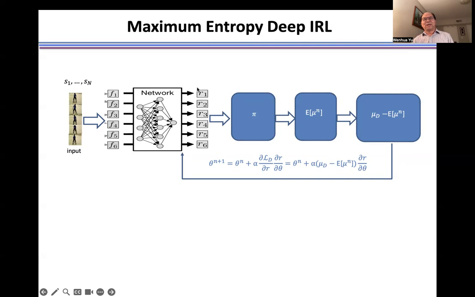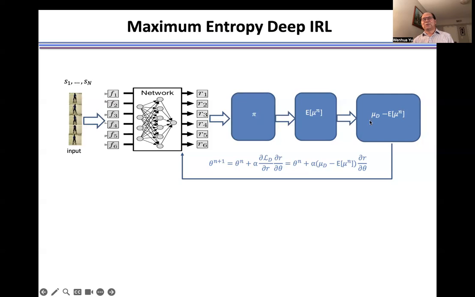And then we estimate this reward function. And then we use this reward function in dynamic programming to estimate the policy pi. And then from this pi, we propagate to all the possible states and trajectories to estimate the feature count under the learned policy. And then we compare it with the feature count under the expert policy.